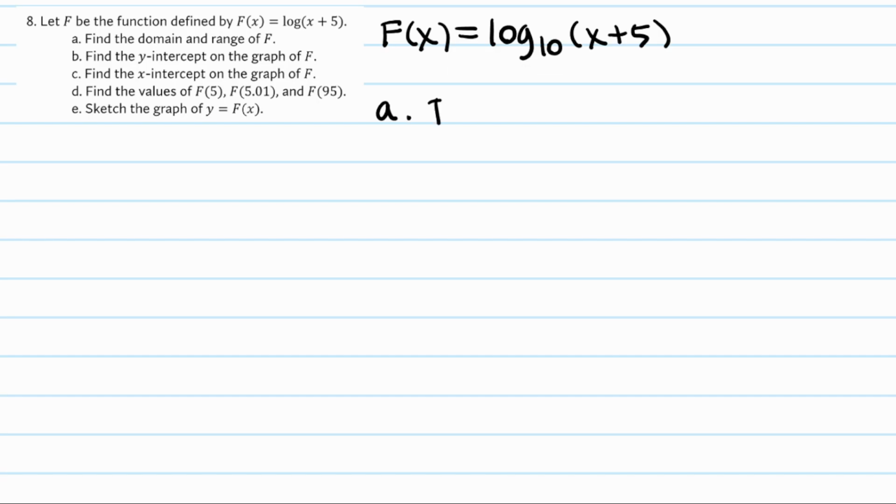All right, for domain, I'm going to grab the argument of the log, x plus 5, and I'm going to set it greater than 0. 10 to any power has to be positive. And so that's really what I got to think of each time I plug something into f of x: what exponent am I putting on 10 to get this number?